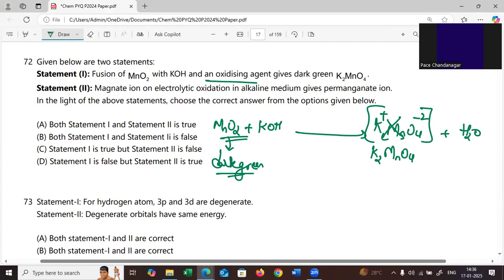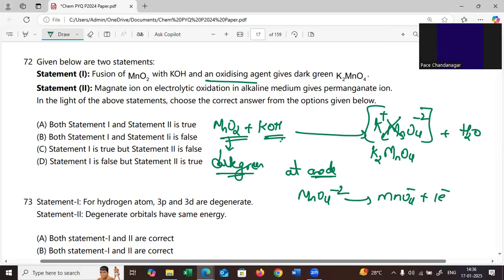Next, dark green color and electrolytic oxidation in this, this is alkaline medium. So at anode, what will form? At anode, MnO4 2- will give you MnO4- plus 1 electron, which is released at the anode.